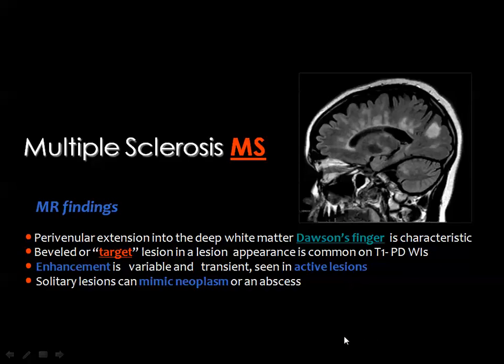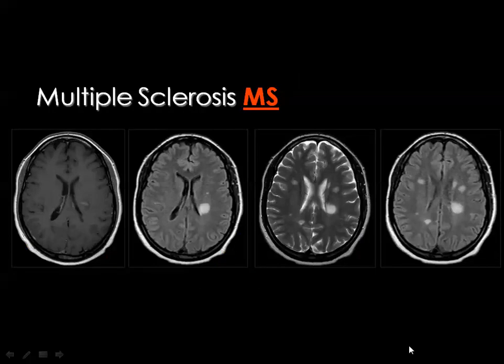Some of the MS plaques may be large so that they mimic a neoplasm or an abscess. And this is the classic appearance of MS in the axial T1 post contrast, axial FLAIR, and the T2 weighted images, and this is FLAIR also.